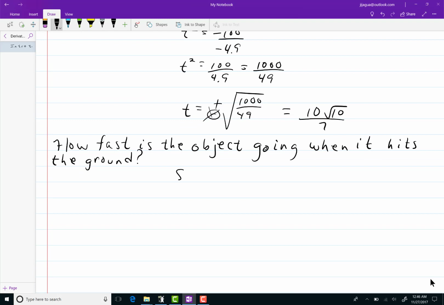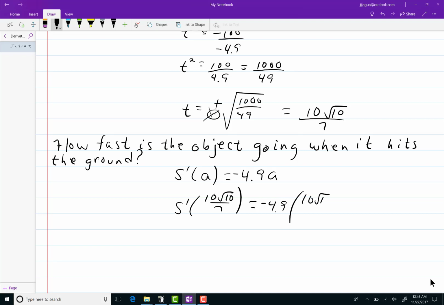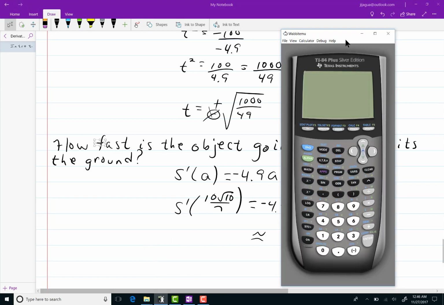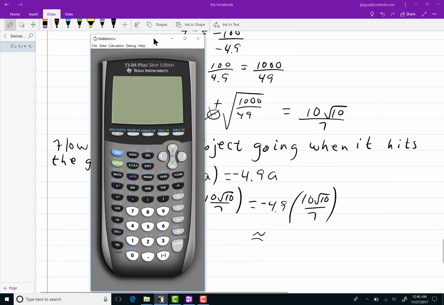So S prime of a was negative 9.8 times a. So what I want is S prime of 10 radical 10 over 7, which equals negative 4.9 times 10 radical 10 over 7. And at this point, I don't mind getting a decimal for it. Although I wouldn't care if you left it like that.